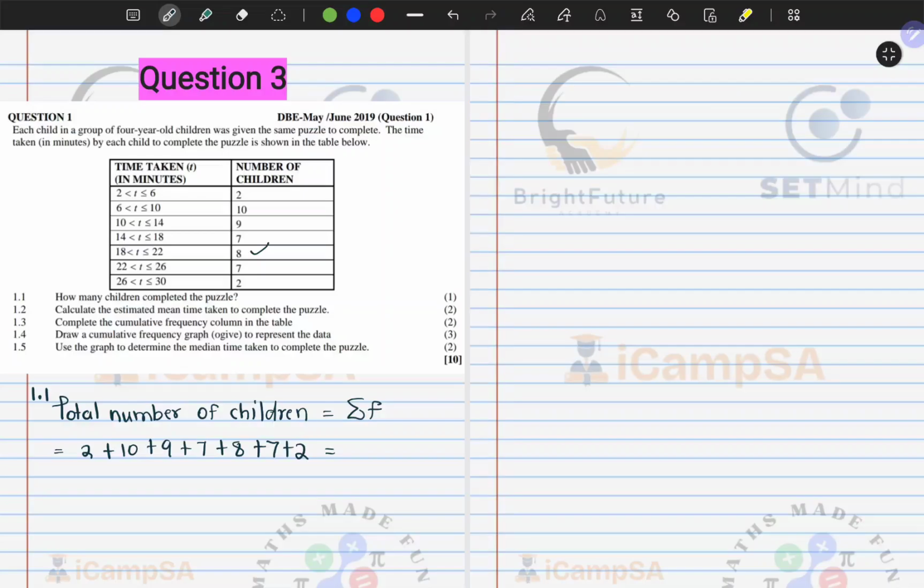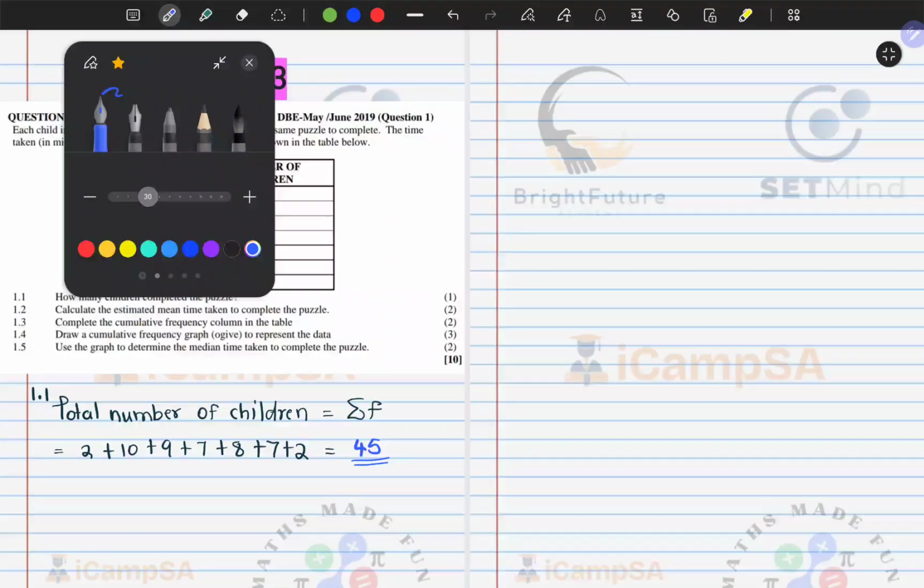So I'm going to go to my calculator, quickly put this up. 2 and 10 and 9 and 7 and 8 and 7 and 2. So what I'm getting is 45. Okay, that's it. So that is the value that we are supposed to get.